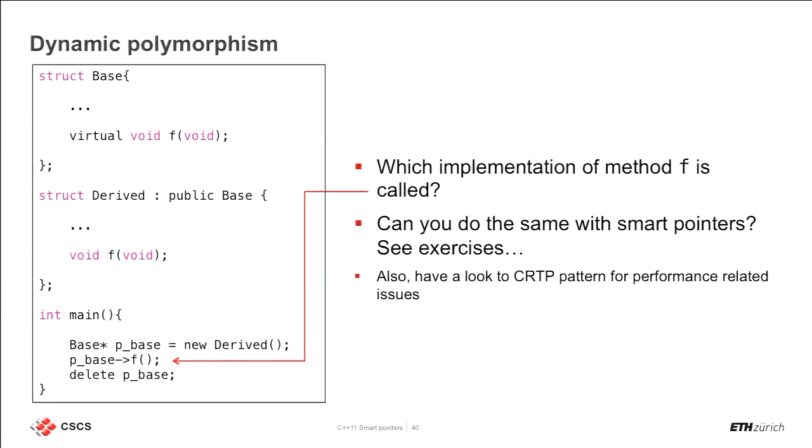This is just a quick example to tell you that you can do exactly the same thing also with the smart pointer, so that if you're using dynamic polymorphism in your code with the raw pointer, you can do that also with the smart pointer without changing anything. I didn't put the example with the shared pointer because I have an exercise for this, so then I will ask you something about dynamic polymorphism.